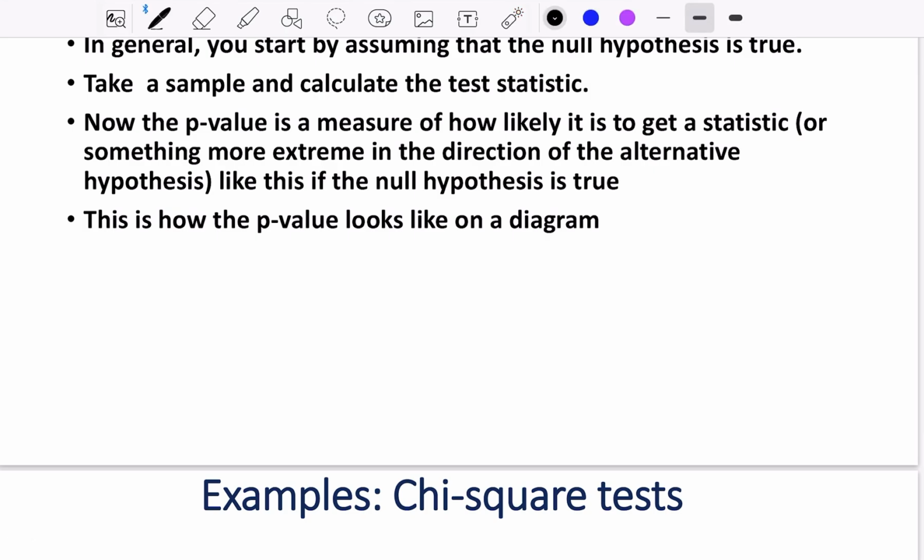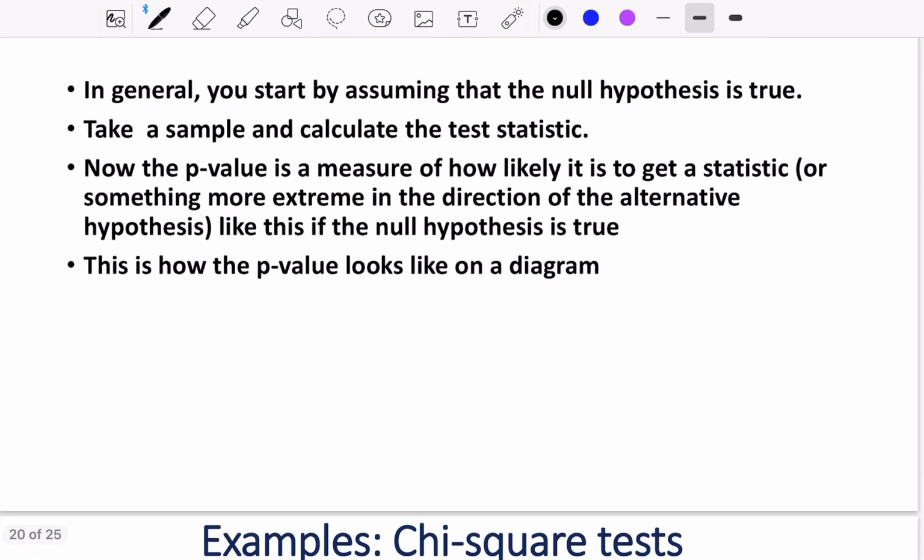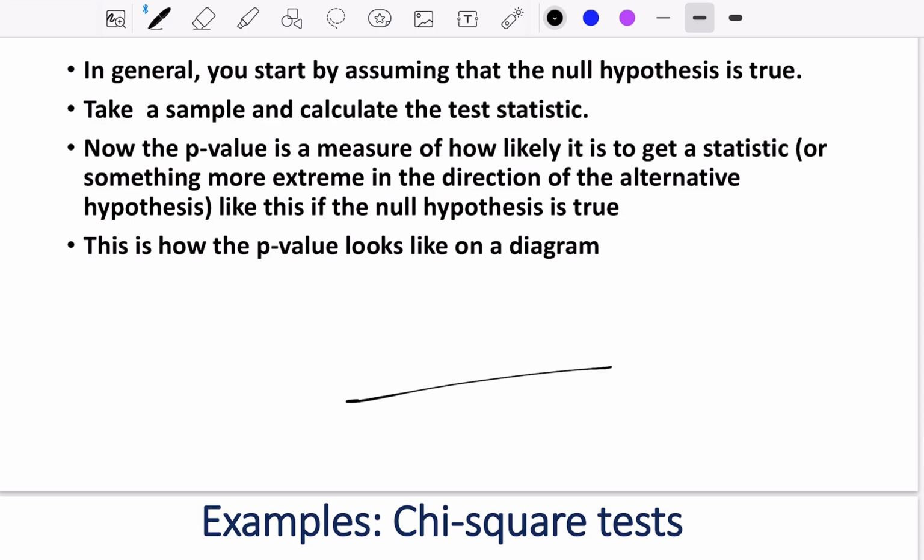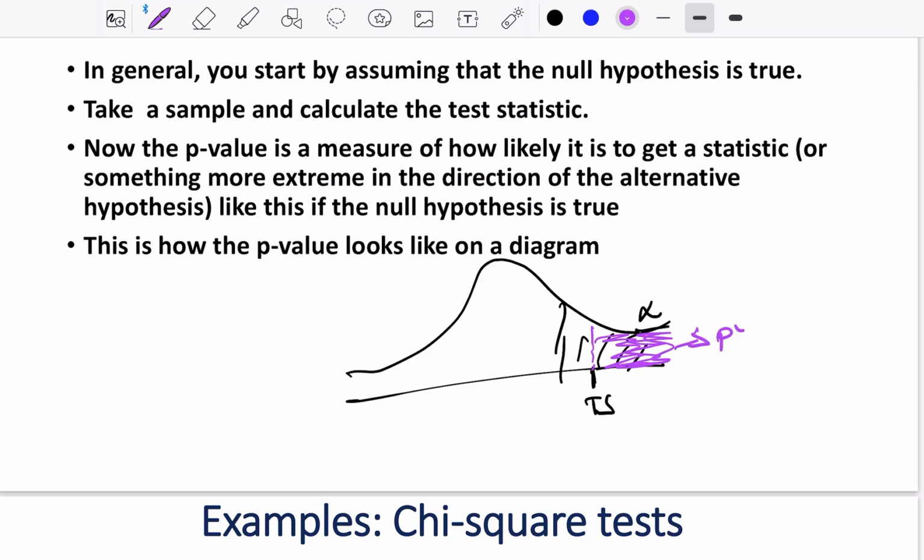So a p-value, let's say for an upper tail test, remember this will be your alpha, right? Your alpha. And let's say your test statistic will be there, somewhere there. Then the area to the right of your test statistic, that's the p-value.